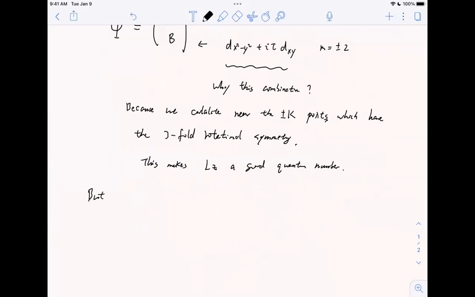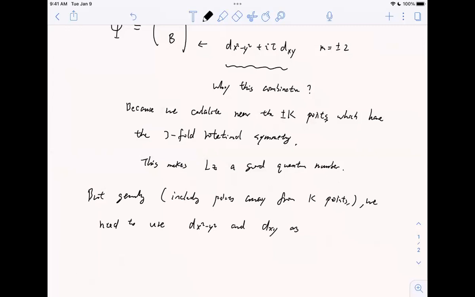But generally, including points away from the k points, we need to use dx and dy separately as basis.